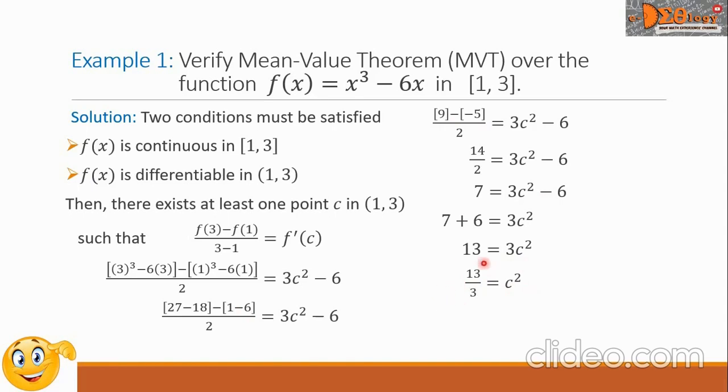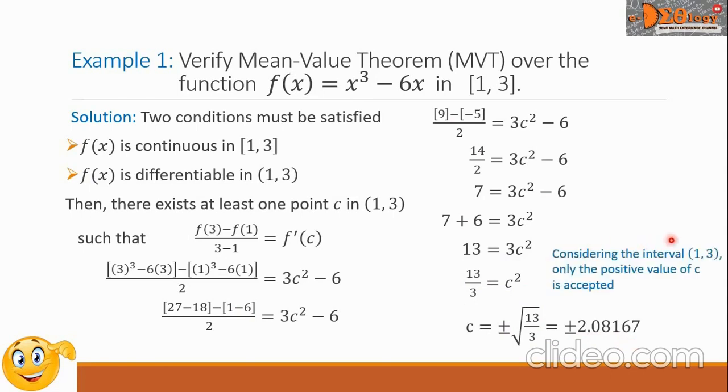Let us take the square root of this equation. We will have now the value of c to be plus or minus the square root of the fraction 13 over 3. When we simplify this into decimal, we will get the value plus or minus 2.08167.